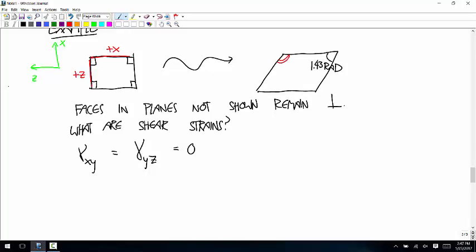So how do we figure out what that angle is? This is theta XZ. You can also use the fact that these angles have to add up to pi in a parallelogram. So theta xz plus 1.43 is equal to pi.